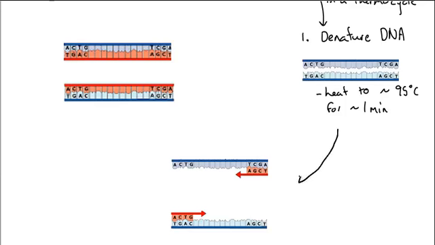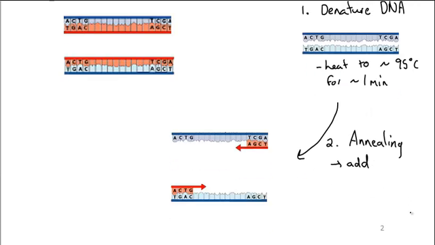Once you've done this, you go to step 2, which is called annealing. Annealing is a fancy word for sticking together. And what you do is you add flanking primers to the area you wish to copy.